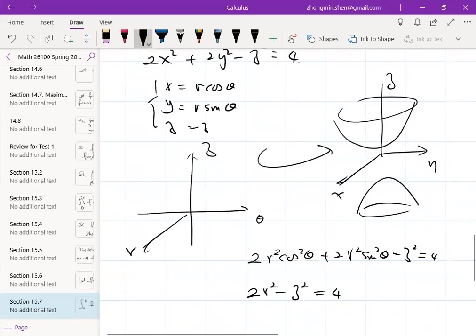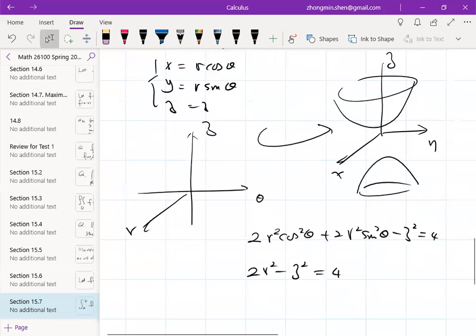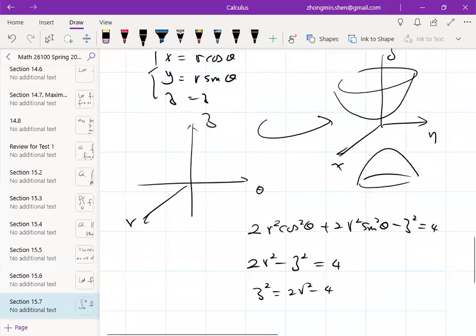What does that tell you? z squared is going to be 2r squared minus 4. This is actually a hyperbola in the rz plane. If you divide both sides by 4, it'll be r squared over 2 minus z squared over 4 equals 1. This is a hyperbola.